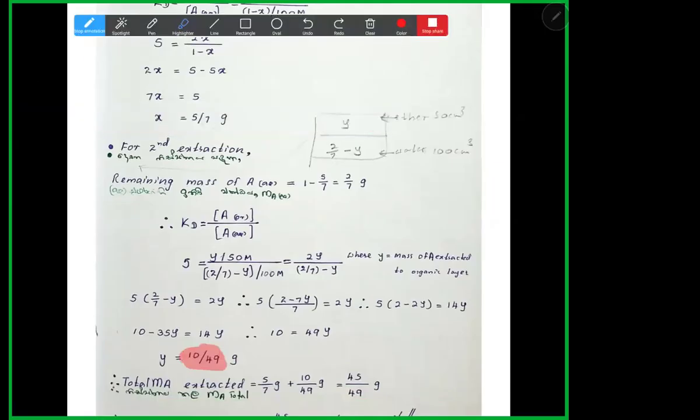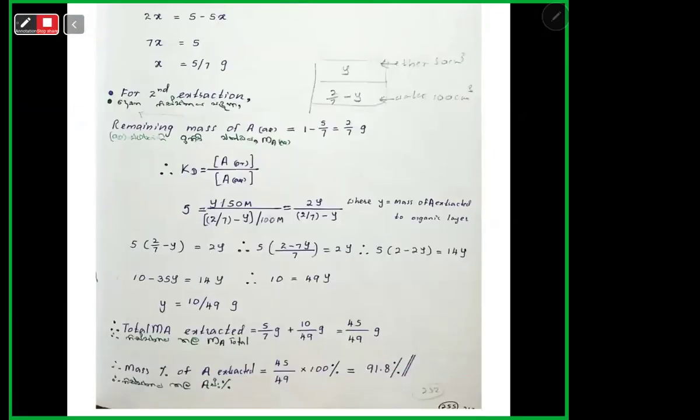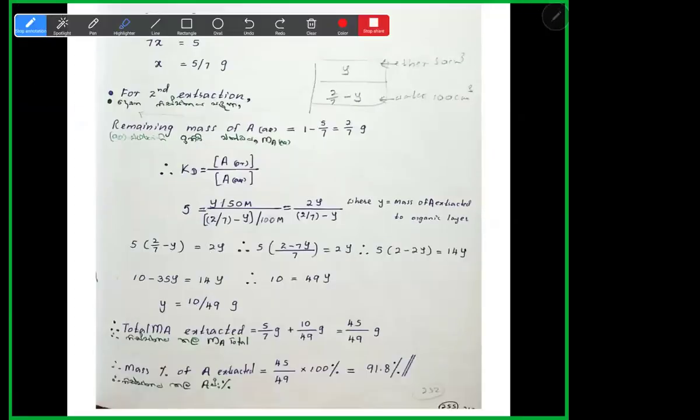In the first portion, you separated 5 over 7. From the second portion, you separated 10 divided by 49. If you add these two together, you get how much was extracted from the same 100 cubic centimeters of ether, but using two different attempts. That is 45 divided by 49.